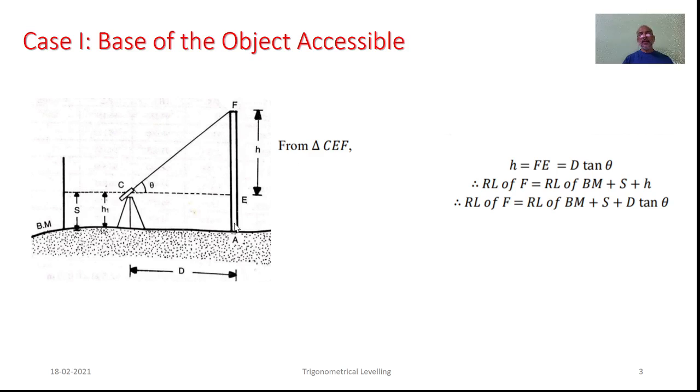Its base is accessible, hence the distance between the equipment and the base of this object can be measured and is expressed as d here. With respect to this instrument station, we can carry out all the temporary adjustments like leveling and centering. We can have the leveling operation done with respect to the altitude level tube.